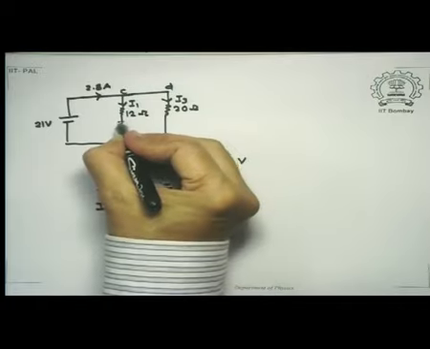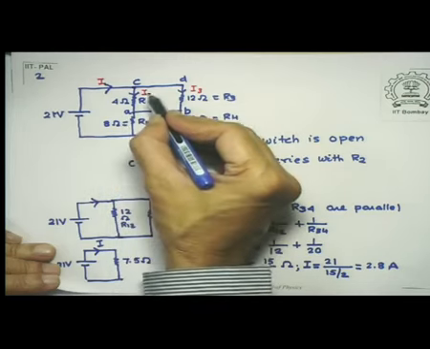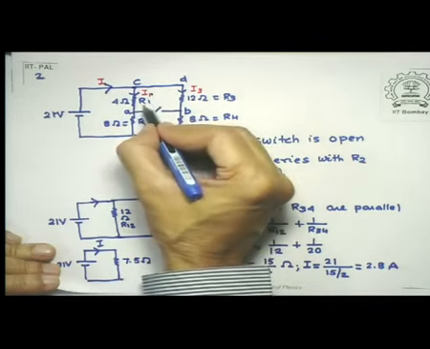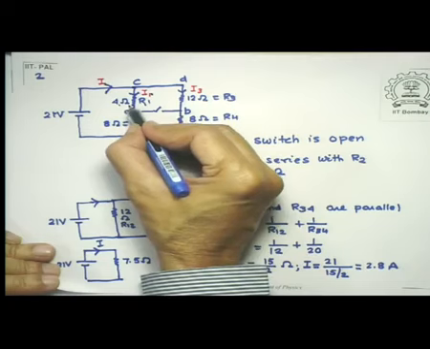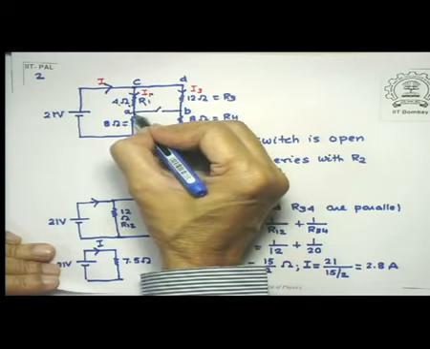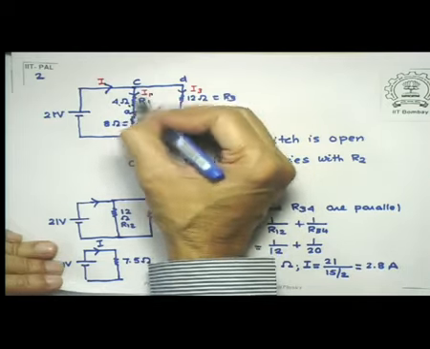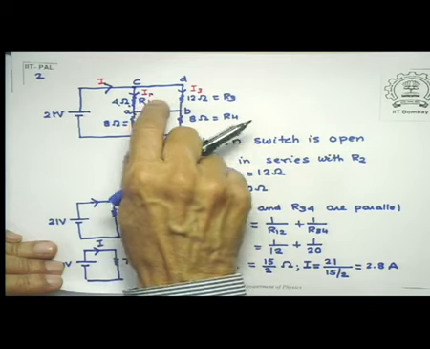Now you can use this to find out the potential drop between the points C and A. Remember that A was here. This was the point A. So now you know I1, the R1 was 4 ohms. So I1 times R1 is the drop across C to A. C was at 21 volts. So the point A will be 21 minus I1 times 4.